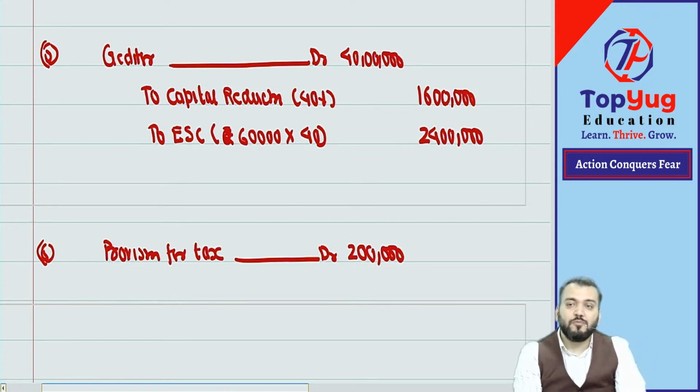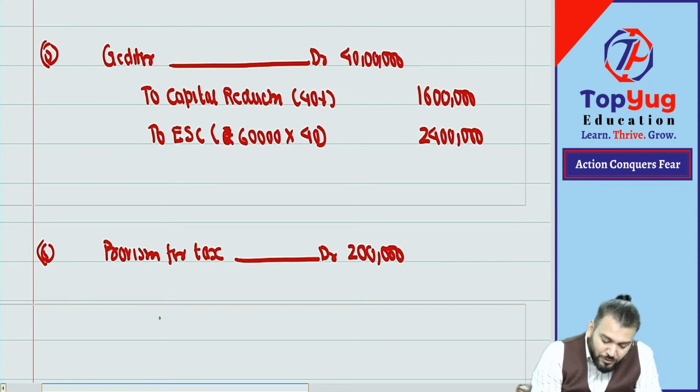Now, one doubt will come, sir. It is given that provision for tax is settled, but whether it is paid or not paid is not clear from the question. So you can take an assumption in the exam. If you assume not paid, then you write income tax payable, because now it is not an estimation.